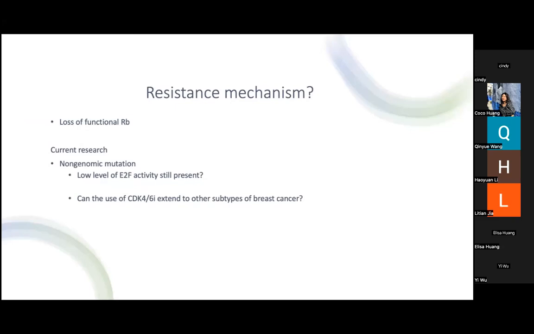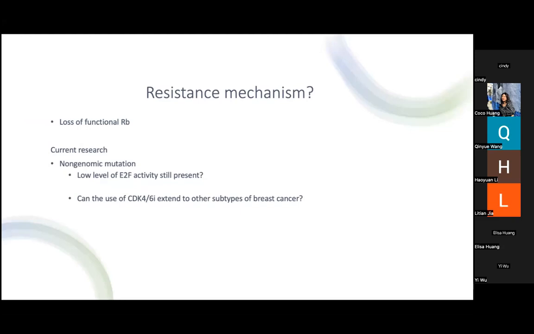And we use a combination of the two because both have shown resistance.